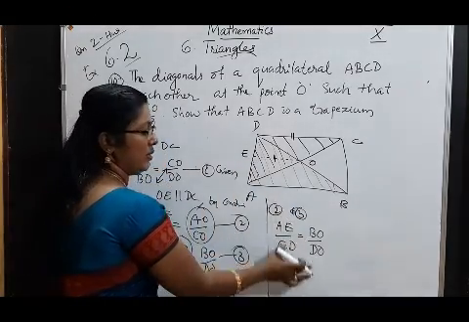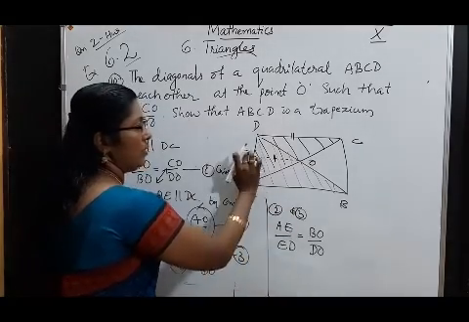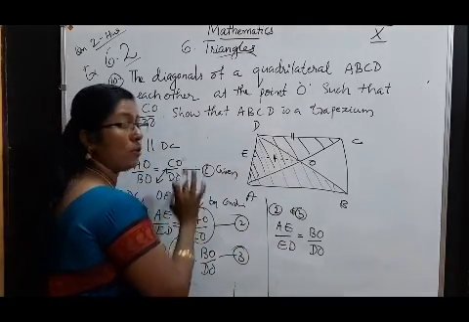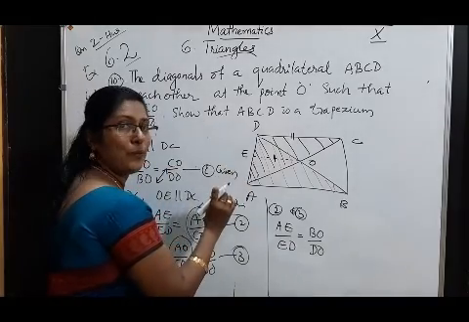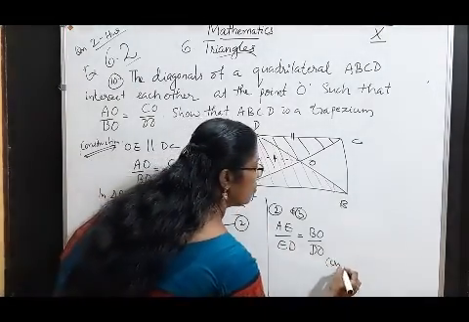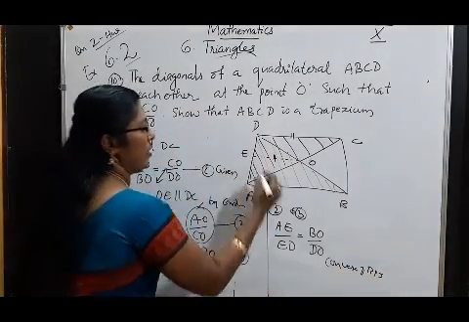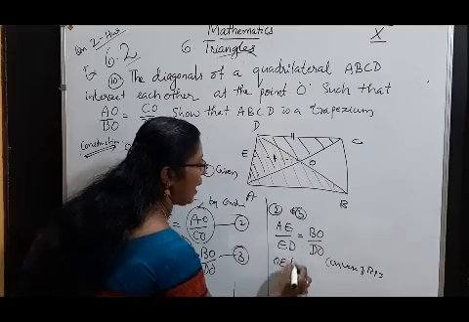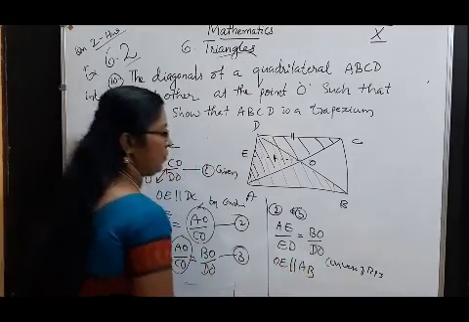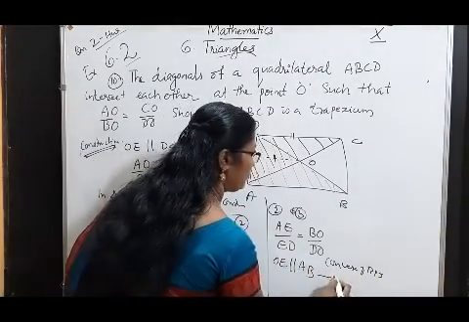If it is the same ratio or proportional, the corresponding sides are parallel. By the converse of BPT, we can take OE parallel AB. Here OE parallel AB, this is 4.